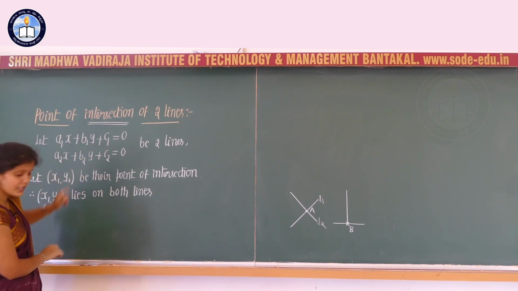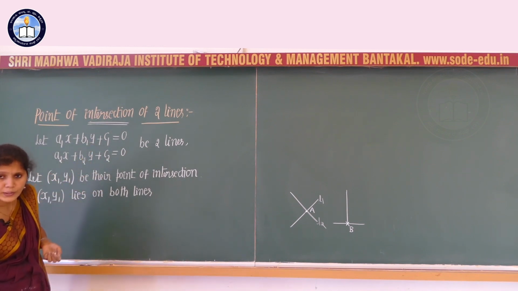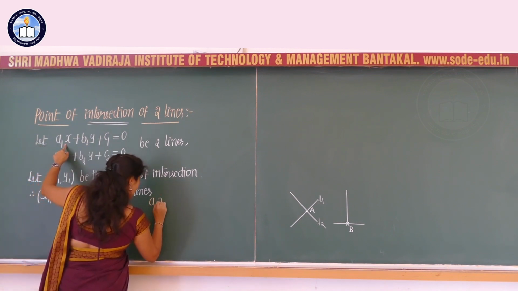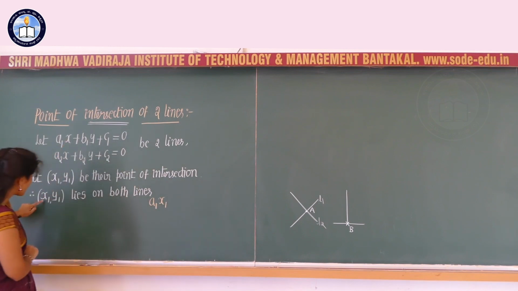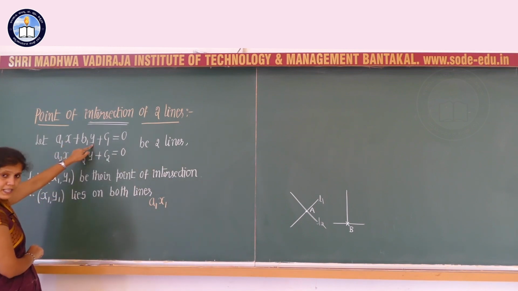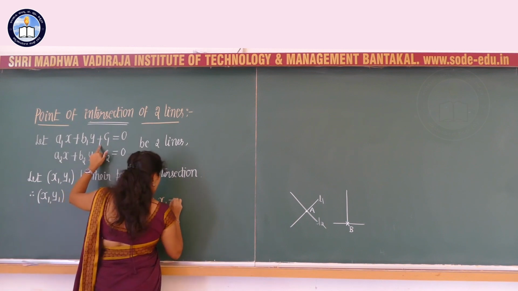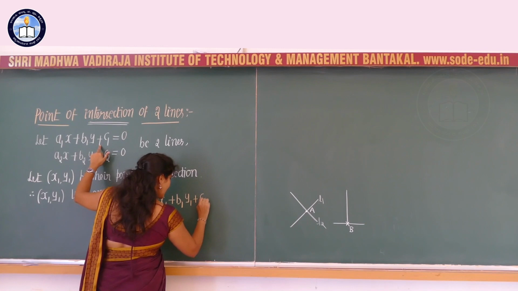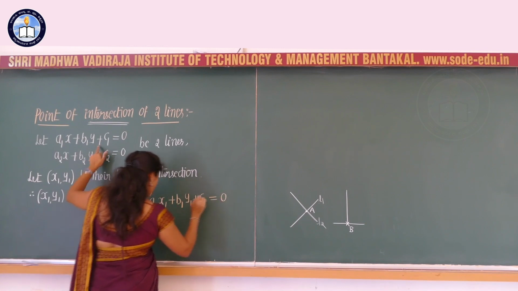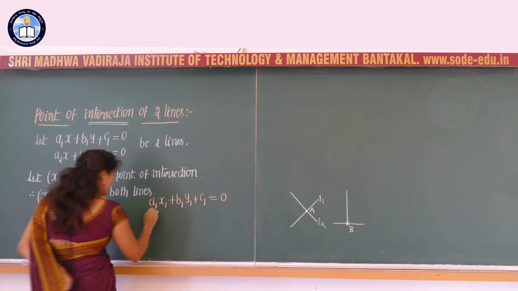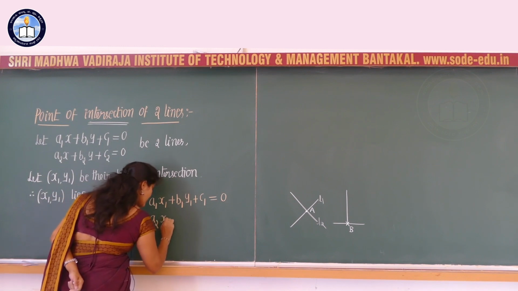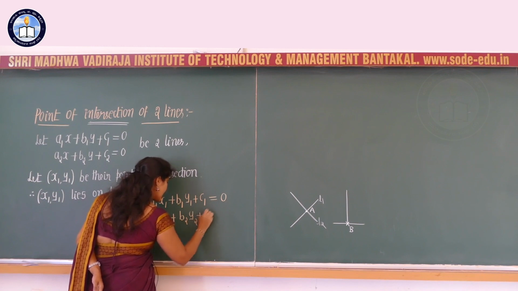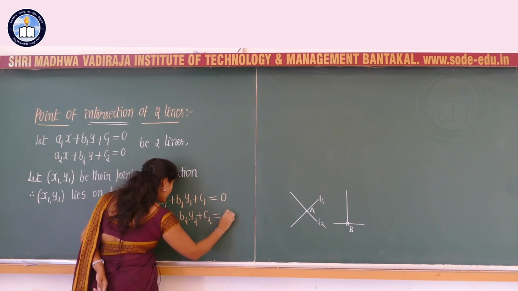So now how to write these two equations? These two equations become a1 into x replaced by x1 and y replaced by y1. That gives a1 x1 plus b1 y1 plus c1 is equal to 0, and the second equation can be written as a2 x1 plus b2 y1 plus the constant c2 is equal to 0.